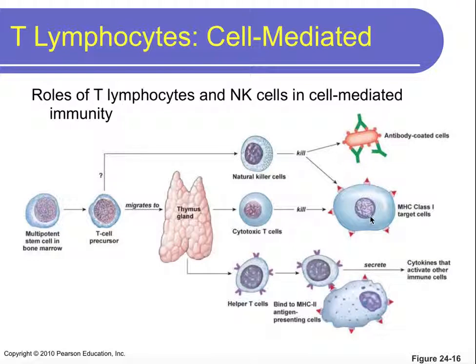If a normal cell got infected, that's the key word, by a pathogen, it will take pieces of that pathogen and present it on its MHC1. The reason it does that is because that's how it's going to let other cells know that it got infected. Cytotoxic T cells are able to recognize when an MHC1 has an antigen on it, and when it does, it understands that this cell got infected, so it will destroy it.